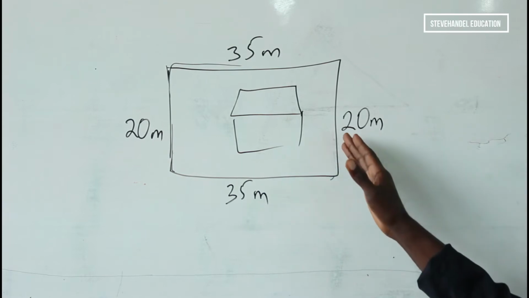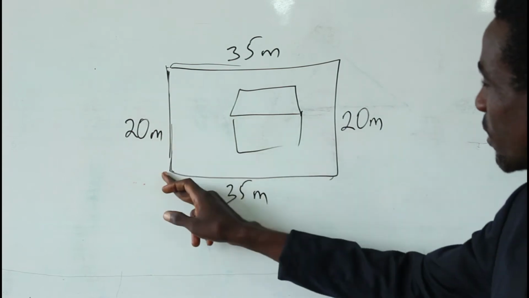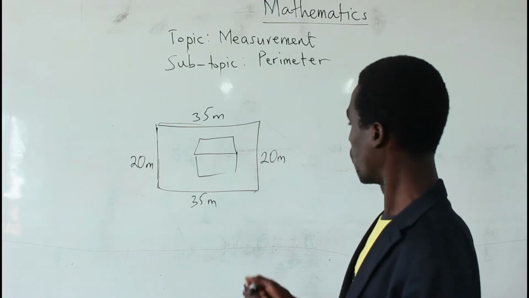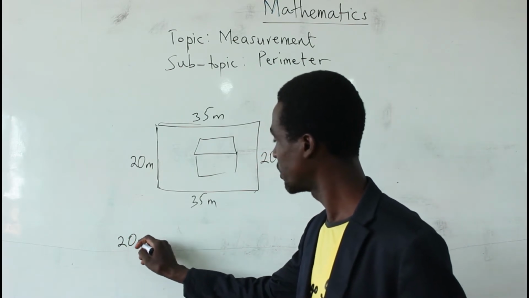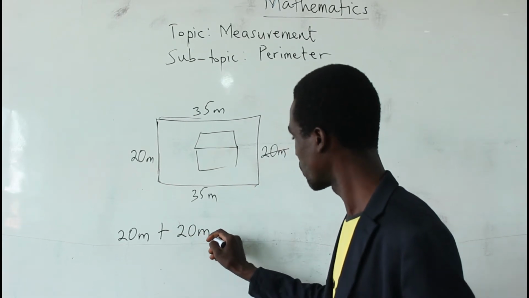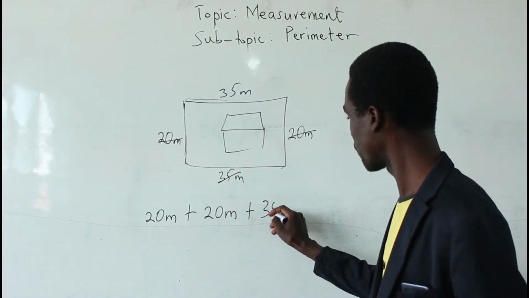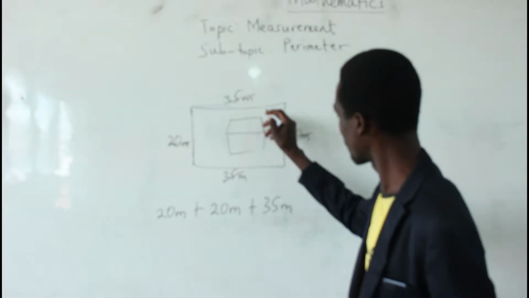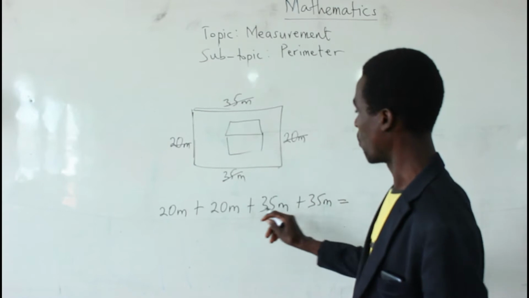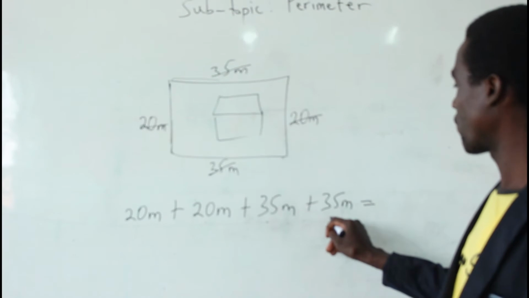Right. What we do here is to calculate the distance from here to here, then here to this place, then up to the point we began. Now, to get this, we begin by adding the first 20 meters, plus the next 20 meters on the opposite side, then plus this one, 35 meters, then the last one here, 35 meters. Then we have 20 plus 20, which is 40, then 35 plus 35, which is 70.